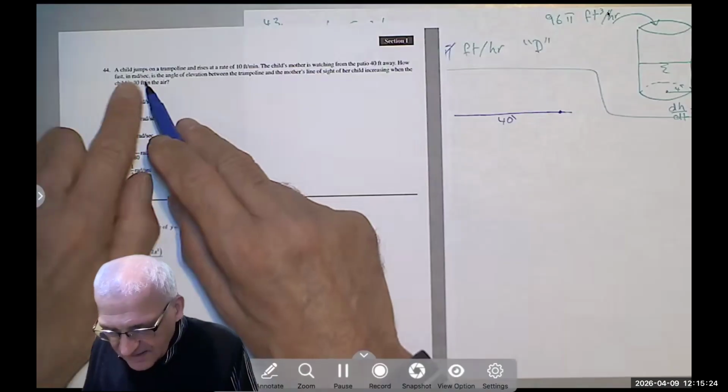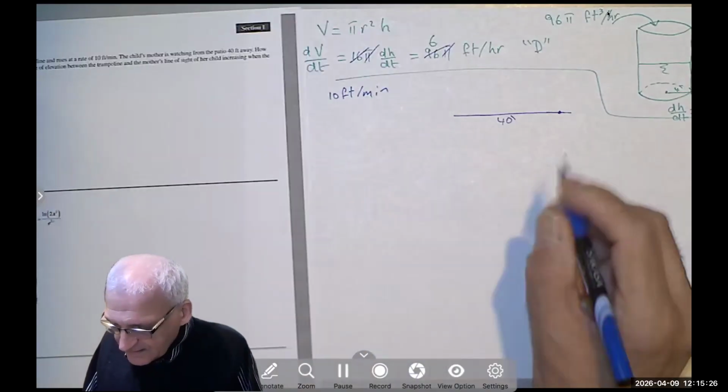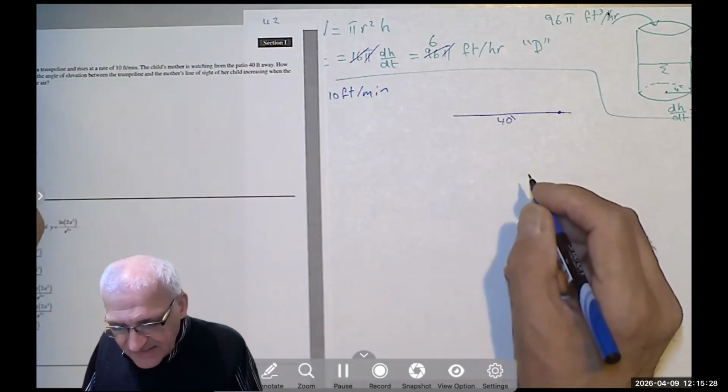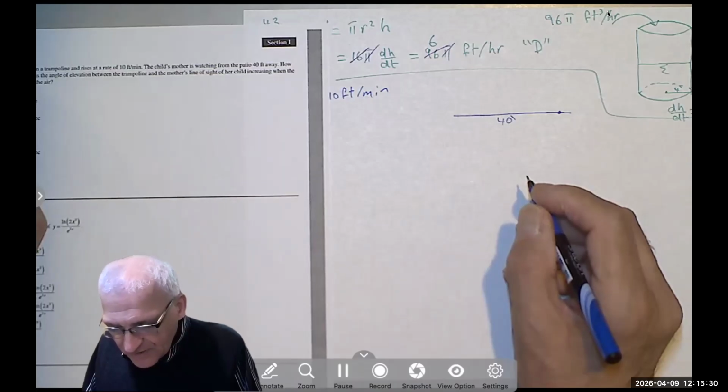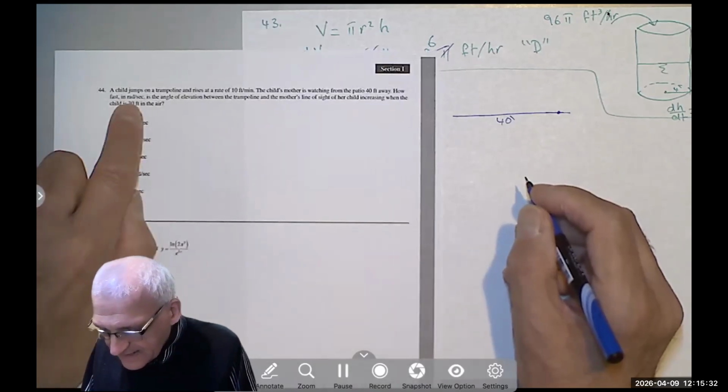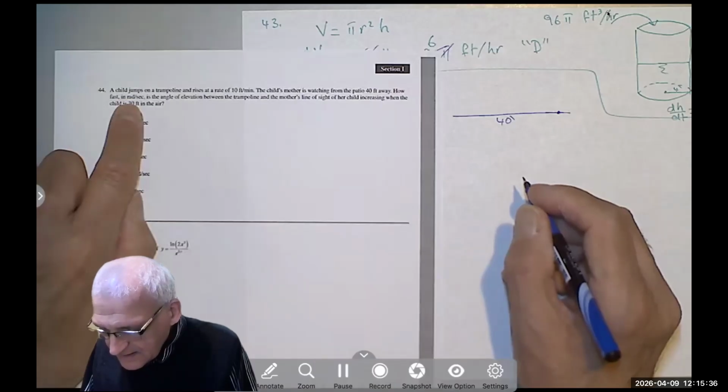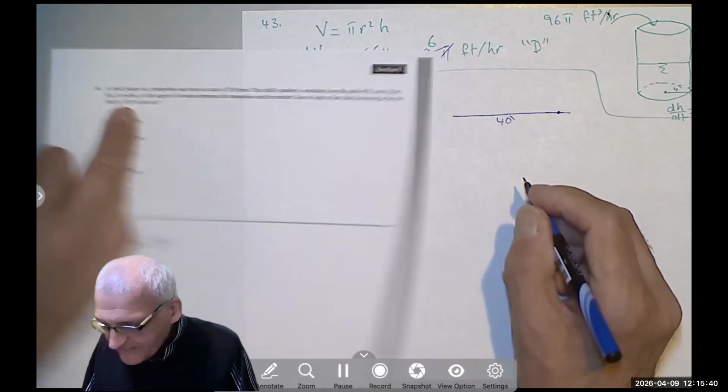How fast, in radians per second, is the angle of elevation between the trampoline and the mother's line of sight of her child increasing when the child is 30 feet in the air?